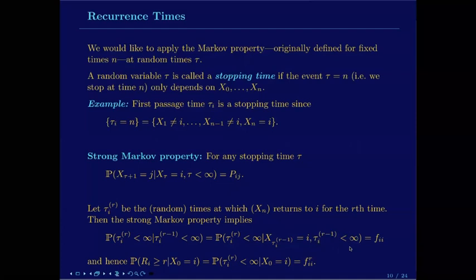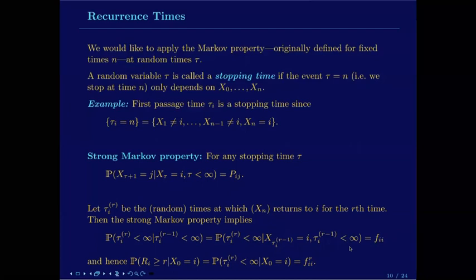And then we exactly have the conditioning set for the time tau_I^(r-1). So now, by the strong Markov property, we are just looking at the probability to return yet another time, and the probability for that is f_ii.